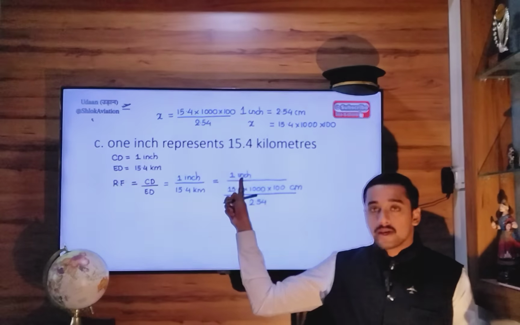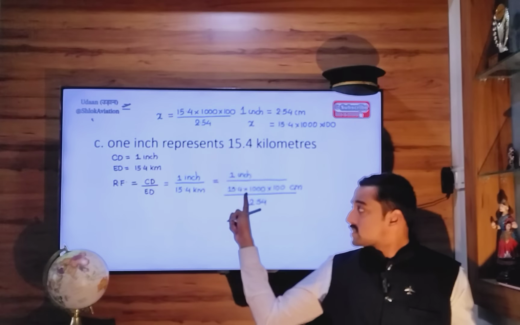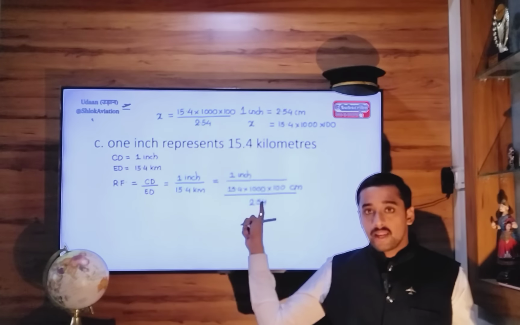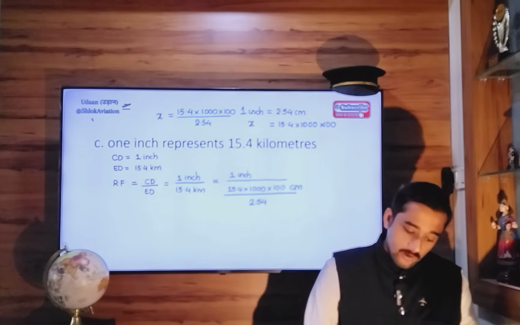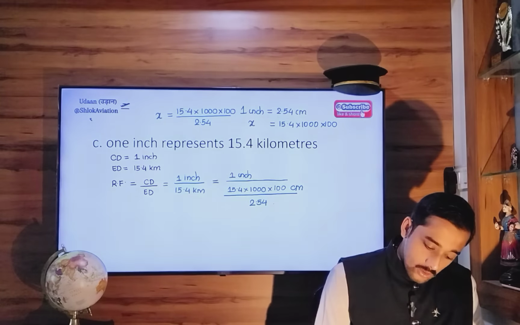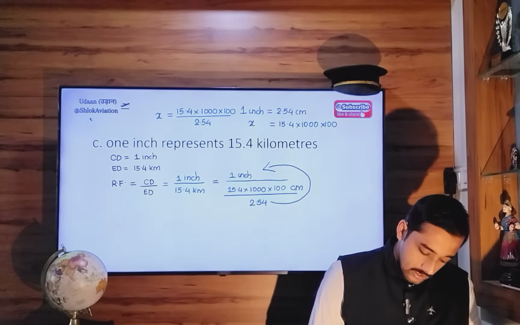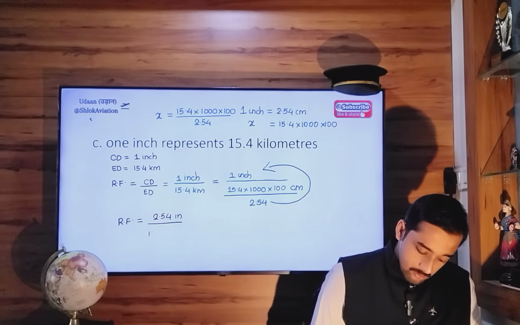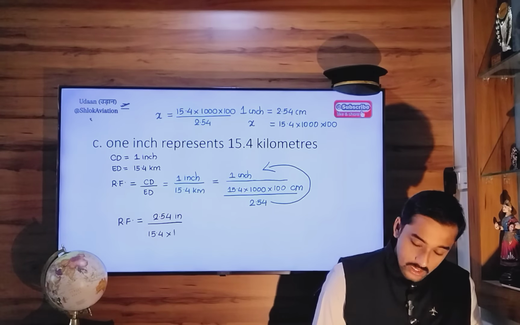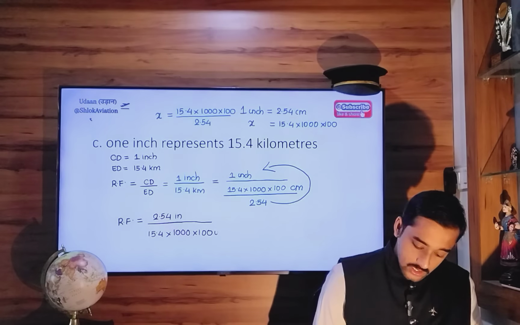Now this is the numerator, this is the denominator, and this value is the denominator of this thing. When it is the denominator of this denominator, this value will automatically go to the numerator. So representative fraction will be equal to, finally, 2.54 inch divided by 15.4 into 1000 into 100 inch.